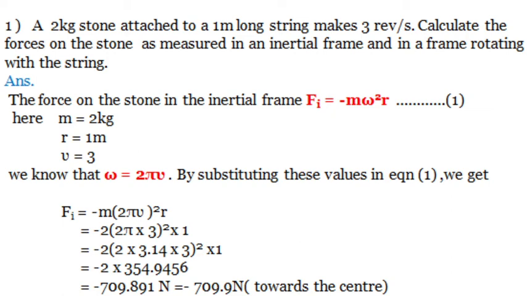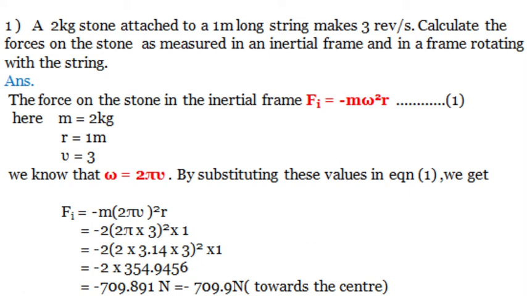So omega is equal to 2 pi nu. So in the expression of Fi is equal to minus m omega square r, I have to write 2 pi nu in the place of omega. Okay. So our equation 1 becomes Fi is equal to minus m into 2 pi nu whole square into r. So minus 2 into 2 pi into 3 whole square into 1.